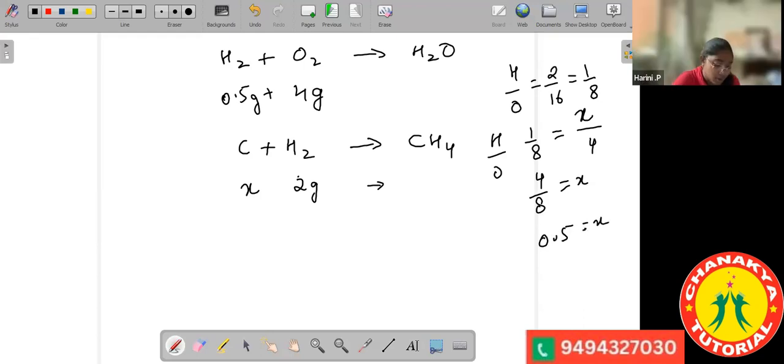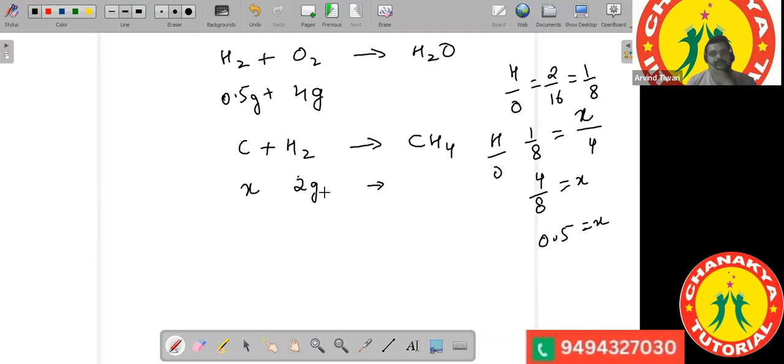For the second one I got 6 grams. Okay, so second one you got 6 gram. Anyone else? Okay, Chavan, are you getting the answer?